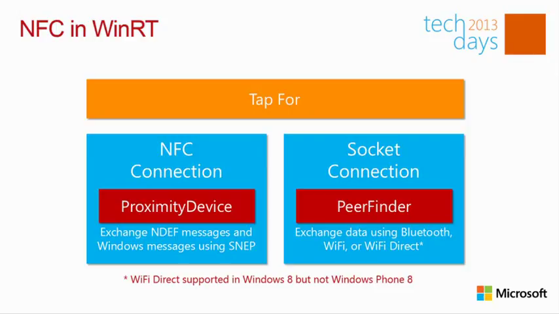And I'll demonstrate that for you with these devices. So ProximityDevice represents a proximity device, gives me methods for sending and receiving NDEF messages, as well as for detecting the arrival and departure of other NFC-equipped devices. PeerFinder allows me to use NFC to establish a connection between two devices that are tapped together so that I can continue to communicate over a more robust network connection.